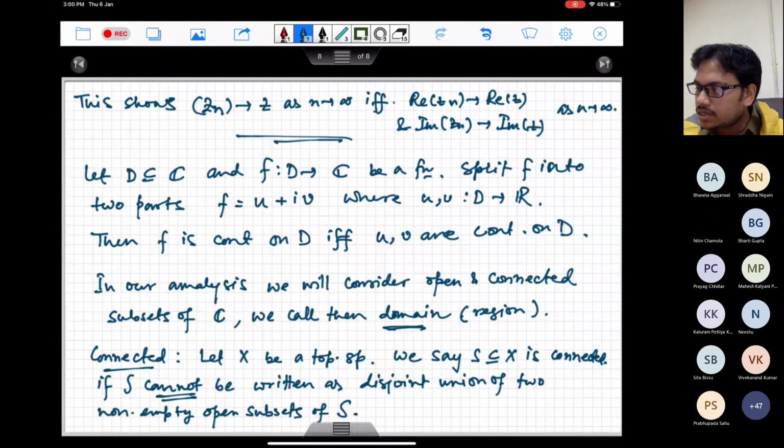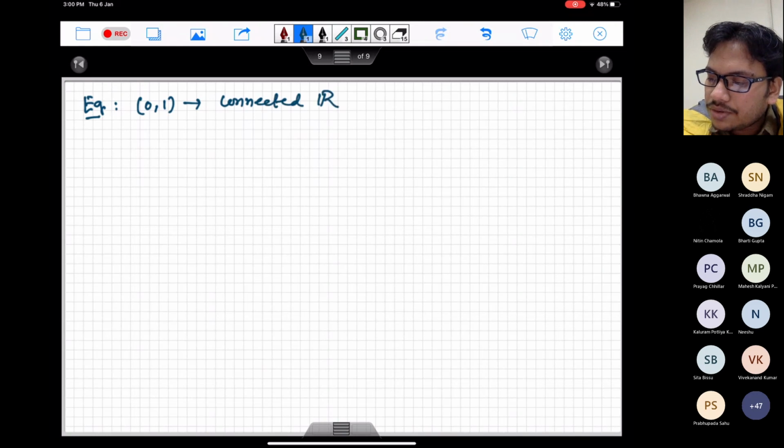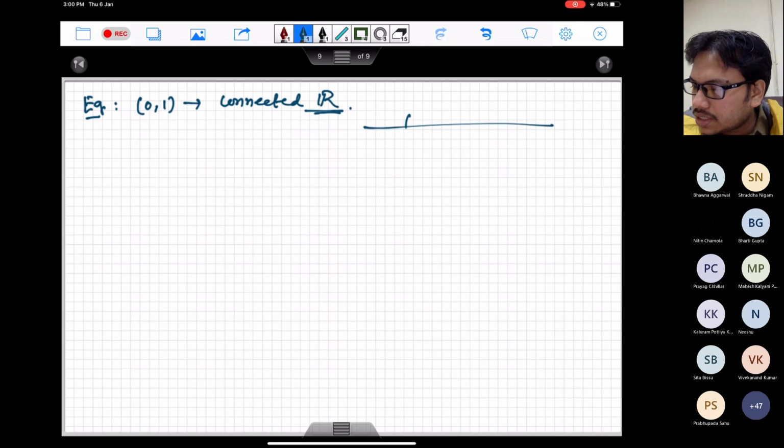This is the definition of my set being connected. For example, the open interval (0,1) is connected in R. If you wish, you can try drawing the picture. Let's say this is 0, this is 1. Now no matter what open intervals you think of, 0 to a, let's say, and then b to 1.